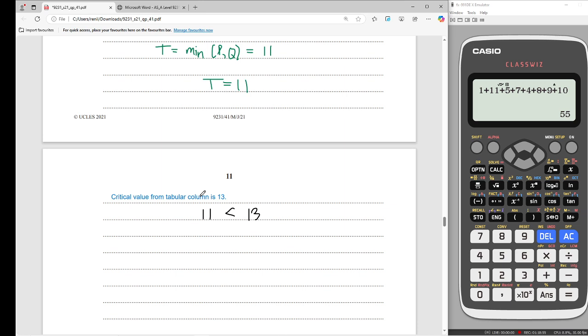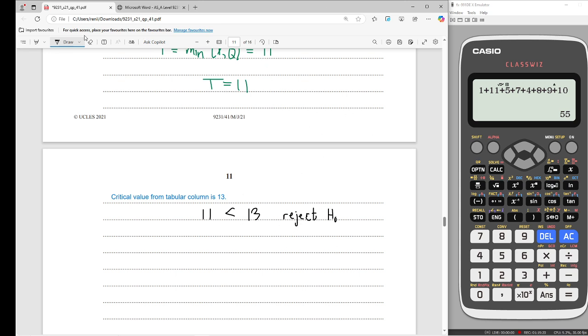Wherever the critical value is greater than our test statistic, we reject H null, as stated here. It's just the direct opposite of inferential stats. Think of it as inferential statistics: when the critical value is greater, we accept H null, but whenever it's non-parametric, we just do the opposite, and the same goes vice versa.